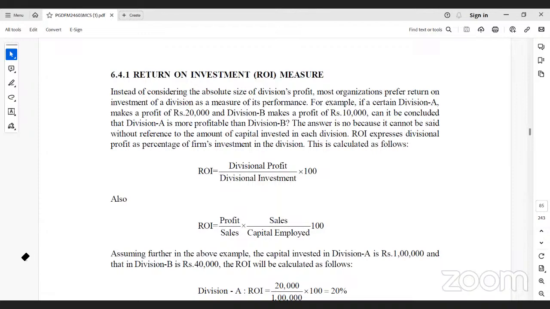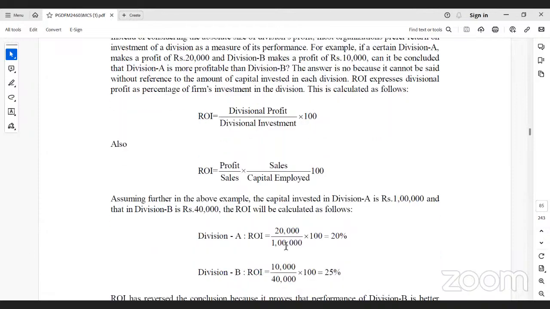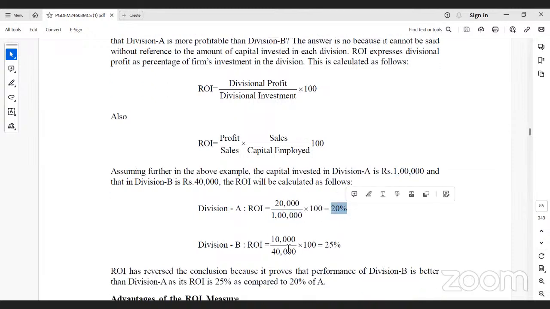We assume that division A required a capital of 1 lakh, and division B required a capital of 40,000. Division A's return on investment is 20,000 rupees of profit over capital of 1 lakh rupees, which is 20%, and division B's return on investment is 25%.